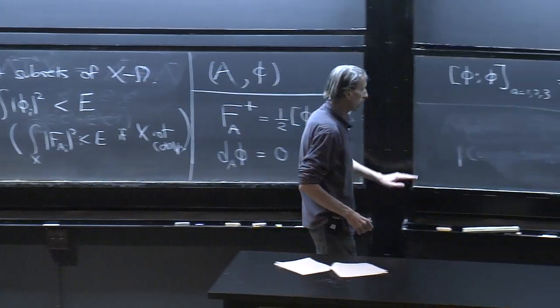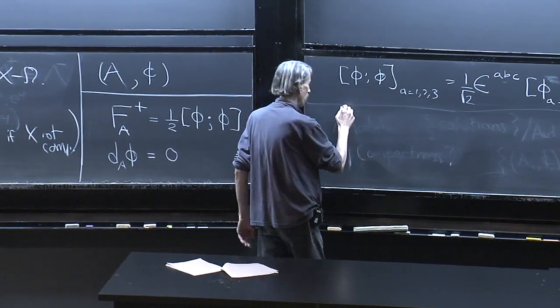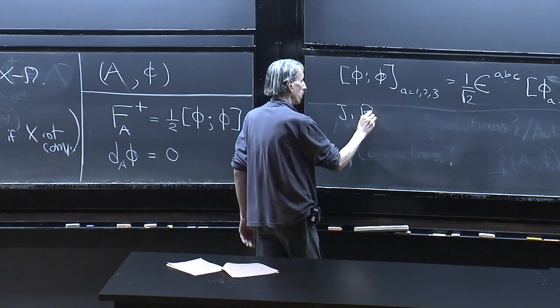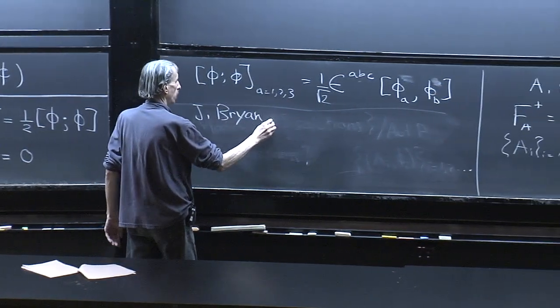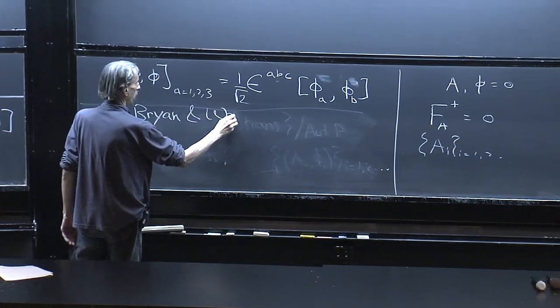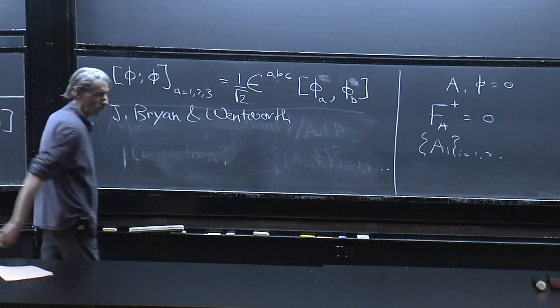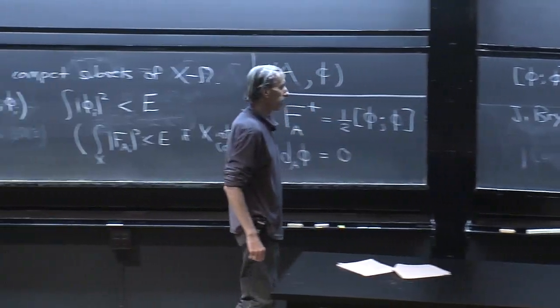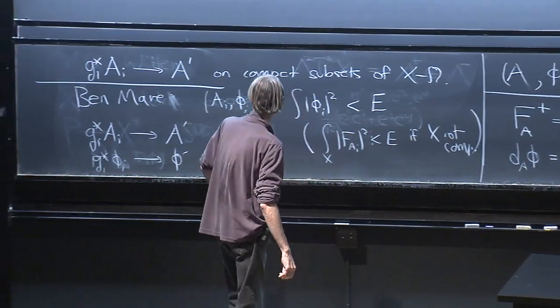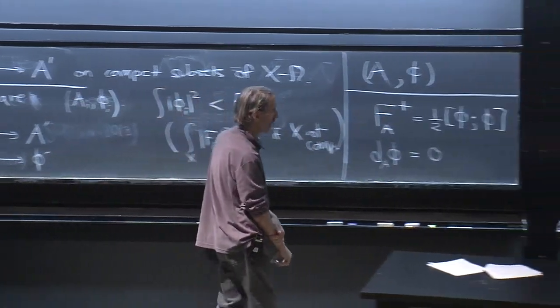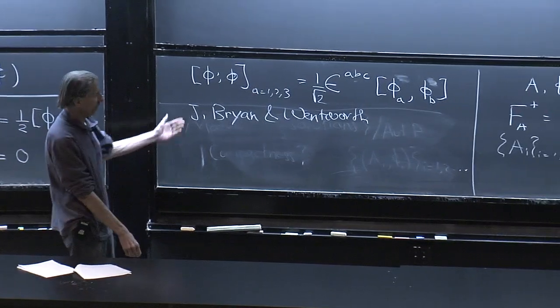The first of these were constructed a long time ago by Jim Bryan and Richard Wentworth. What they did was, on a Kähler manifold, you can interpret these equations in a holomorphic, complex analytic way, and then they constructed solutions.